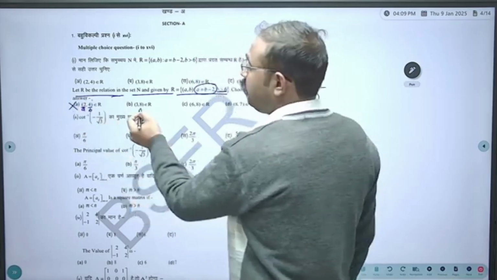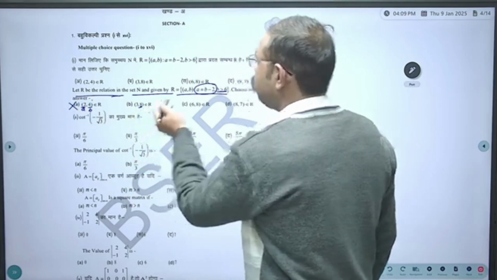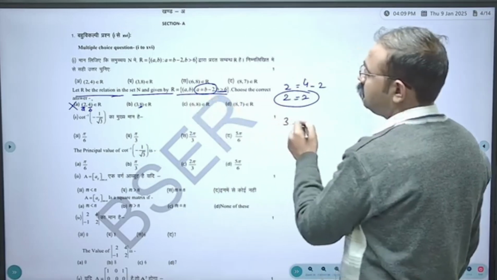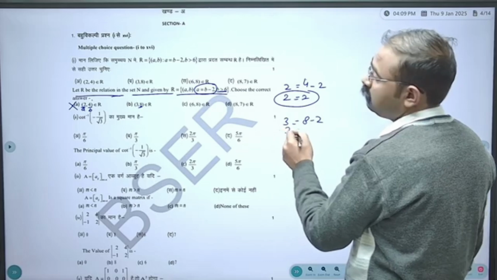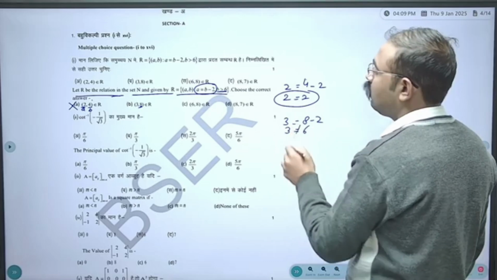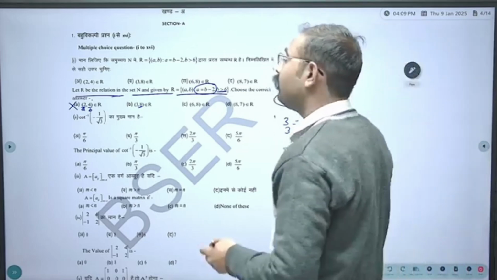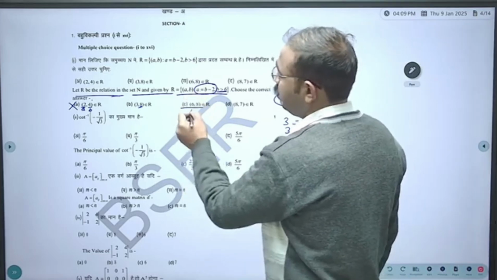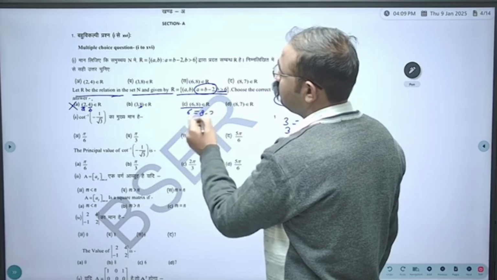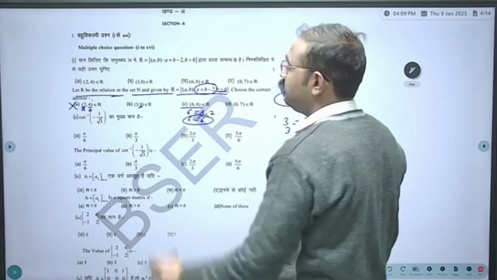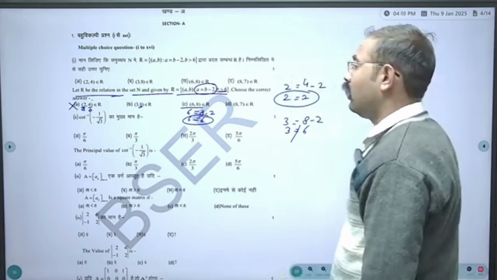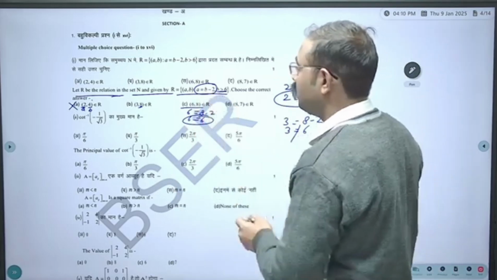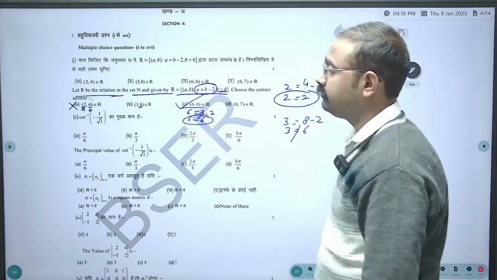In the second pair b is greater than 6, so when we put this pair, 3 equals 8 minus 2, that is 6, both are not equal, so this is not our ordered pair. Next, for option C, in place of a, 6 equals 8 minus 2, 6 equals 6. This ordered pair satisfies our relation, and here b is greater than 6. So this is our correct option.